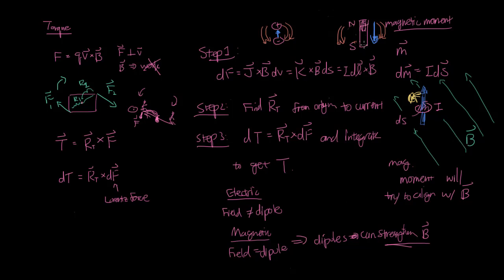And also, because of the way that the magnetic moment and the magnetic fields are defined, this alignment actually means that magnetic dipoles, if they were left to rotate freely, will orient themselves in a way such that they strengthen the B field.